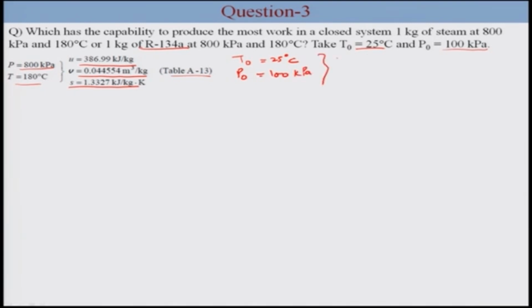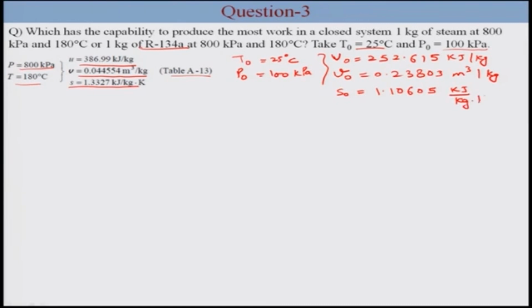These values are U0 equal to 252.615 kilojoule per kg, V0 equal to 0.23803 meter cube per kg, and S0 equal to 1.10605 kilojoule per kg Kelvin.